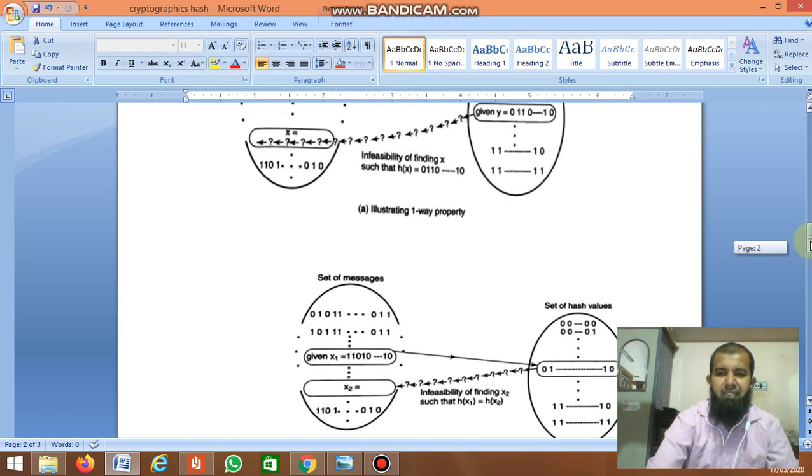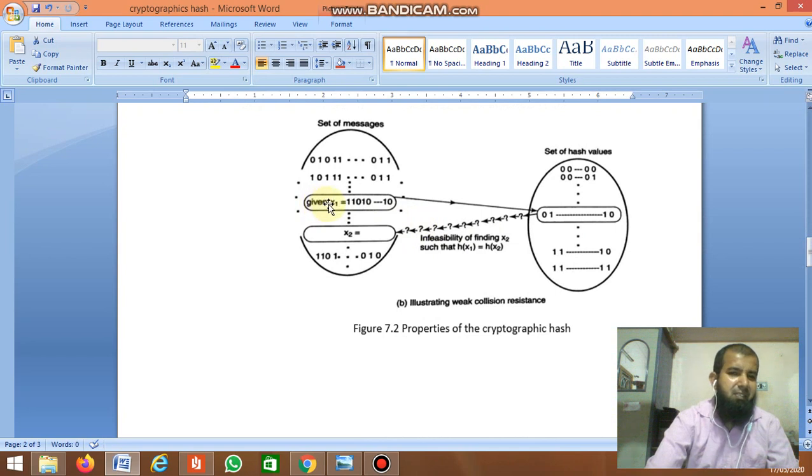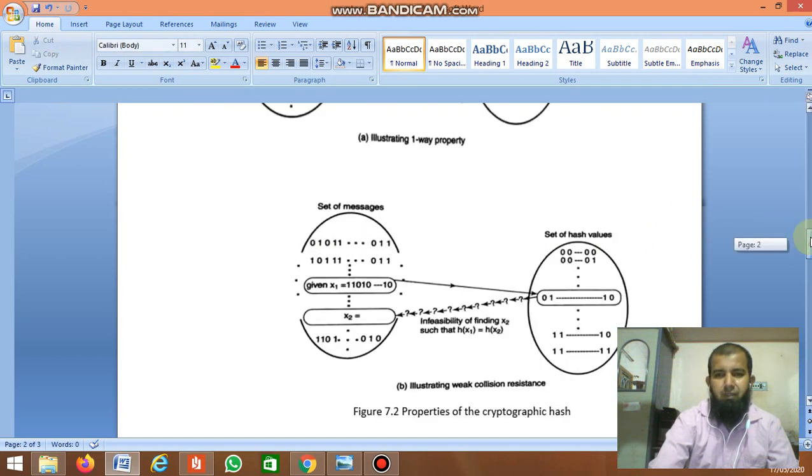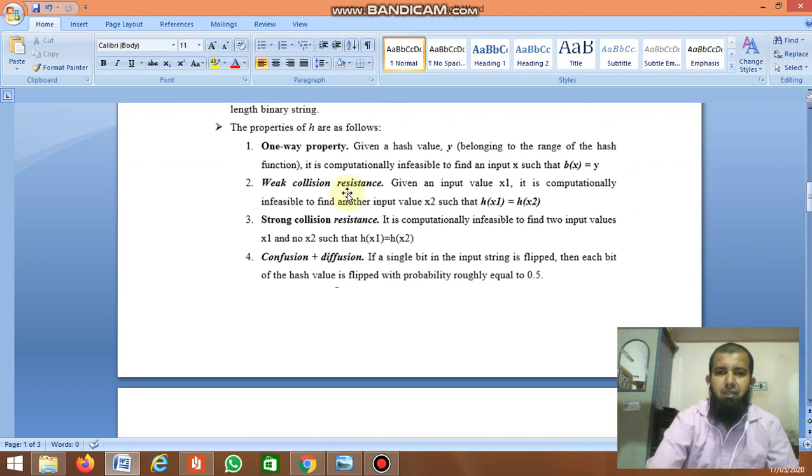Clear? Here x1 is given, and it is computationally infeasible to find another input x2.